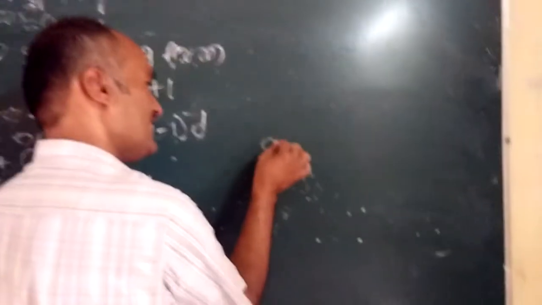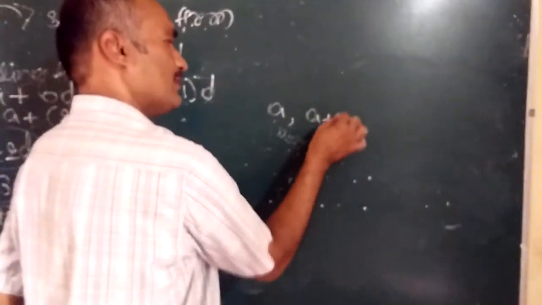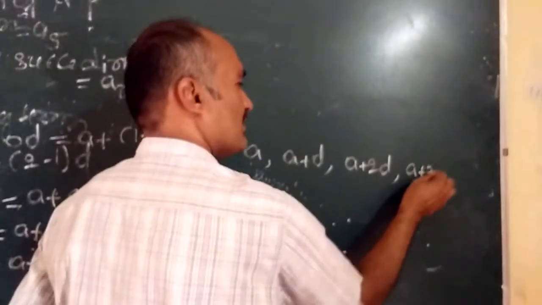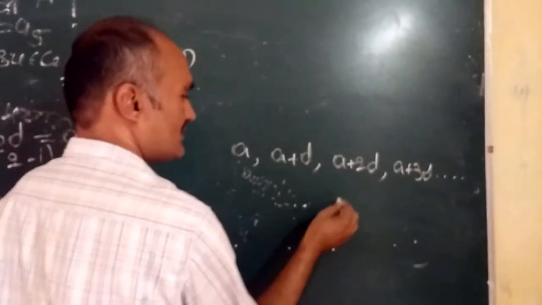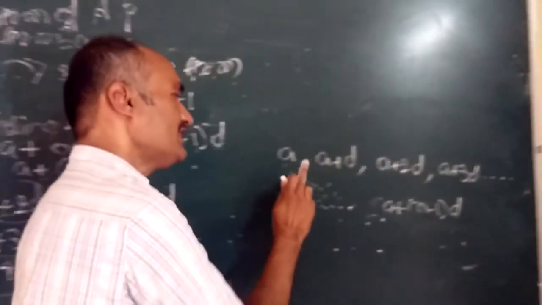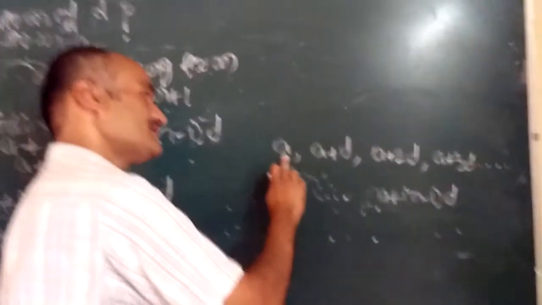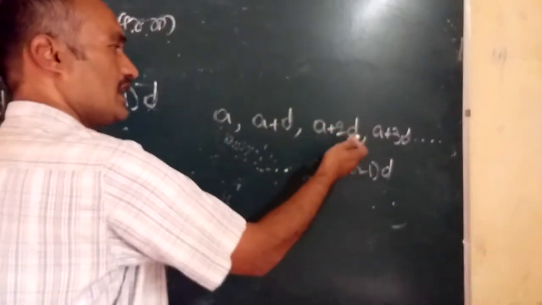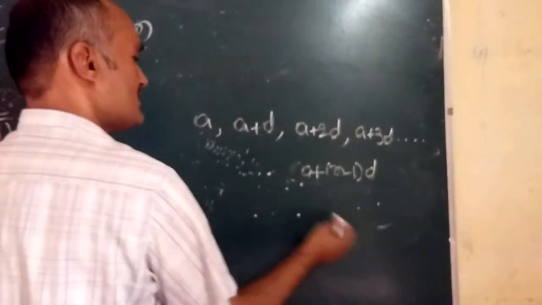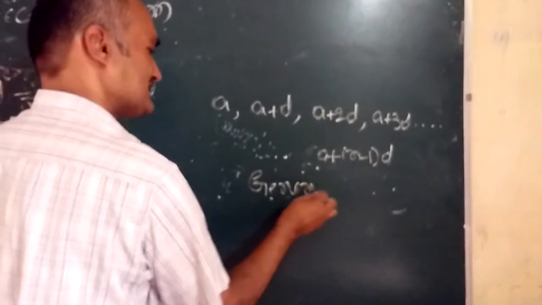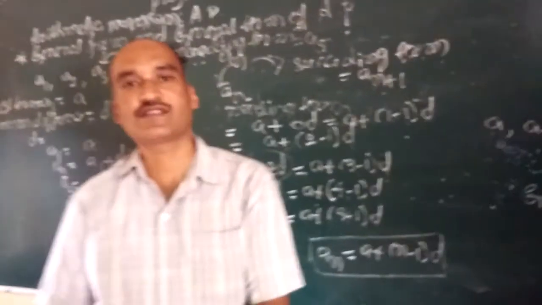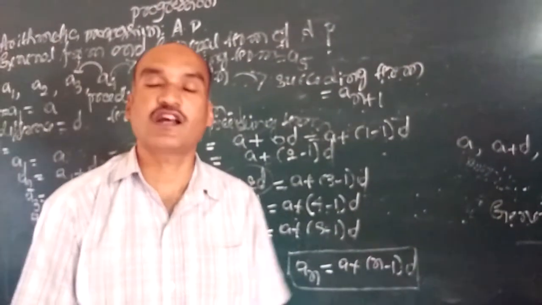First term is A, second term is A plus D, third term is A plus 2D, fourth term is A plus 3D, and so on. So the nth term is A plus n minus 1 into D. Look here, D is added to A to get A plus D; D is added to A plus D to get A plus 2D; D is added to A plus 2D to get A plus 3D. So on it is going, A plus n minus 1 into D. This is the general form. If we know the first term and the common difference, we can form whatever arithmetic progression.